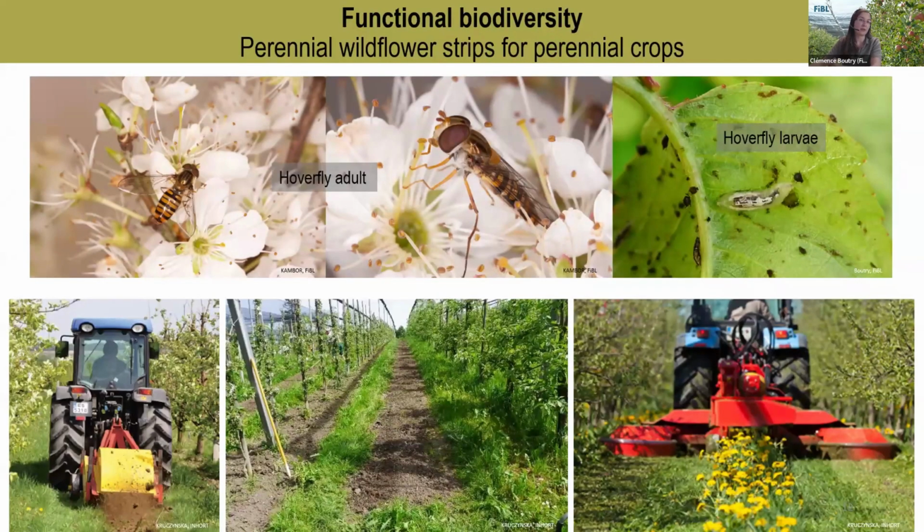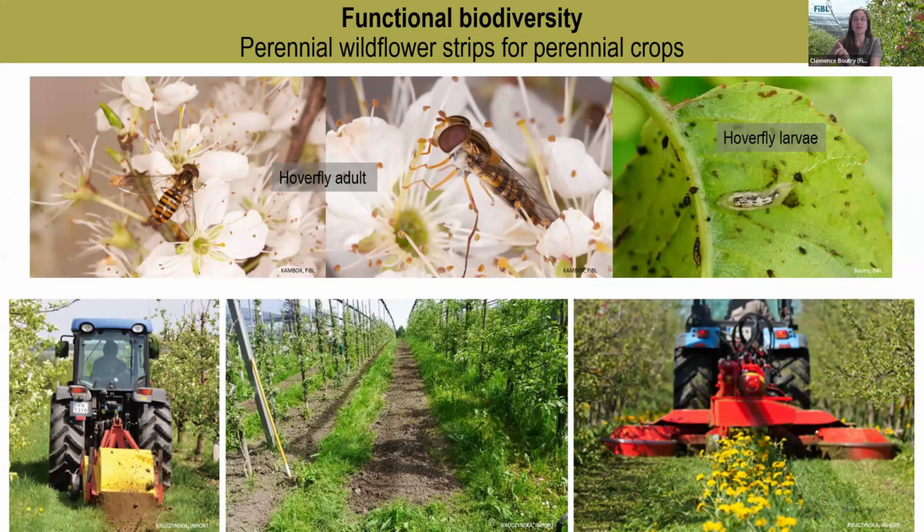Then the next level is functional biodiversity. So you can implement perennial wildflower strips in your orchard to attract and serve as habitat for beneficials. Here on top, you have the example of the hoverfly.